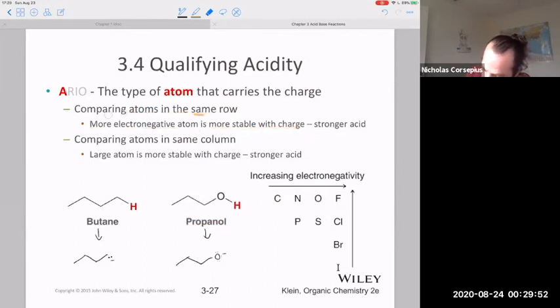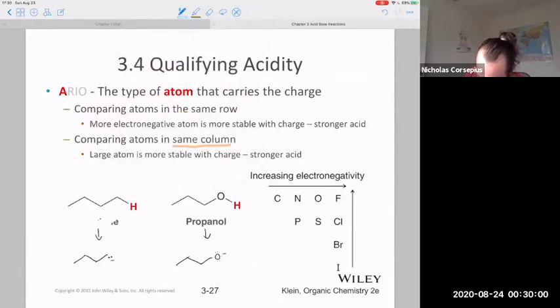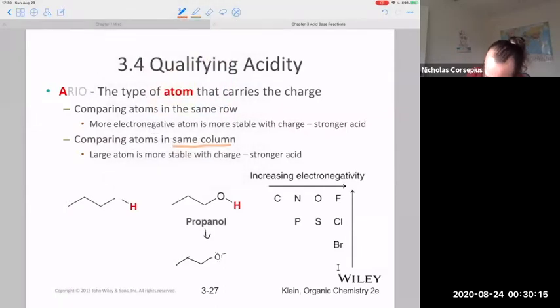Okay. So now, what about when they're not in the same row, but instead in the same column? So what if instead I was comparing this molecule here, which has a sulfur-hydrogen bond, to my propanol?